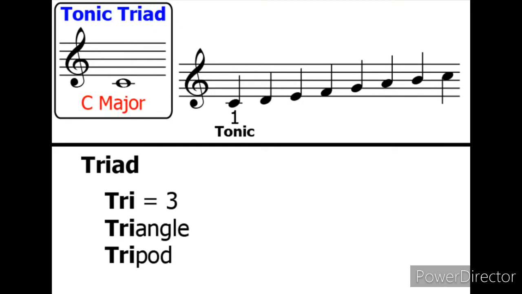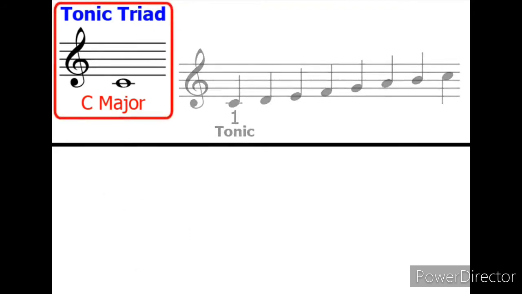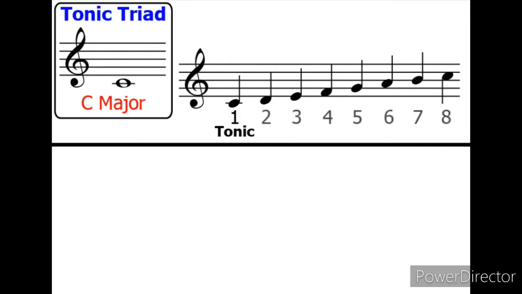We've already put the tonic note C over here. Remember, tonic means the first note of the scale. So that's one of the 3 notes sorted. Let's number the remaining notes in our scale. The notes we use to complete our tonic triad are note numbers 3 and 5, which I've highlighted yellow.